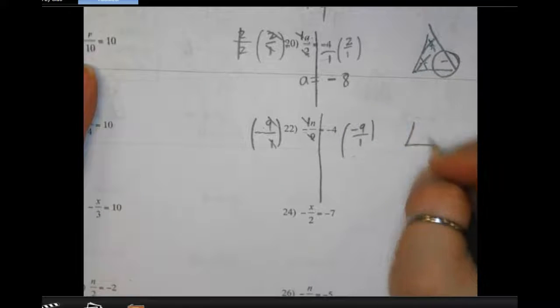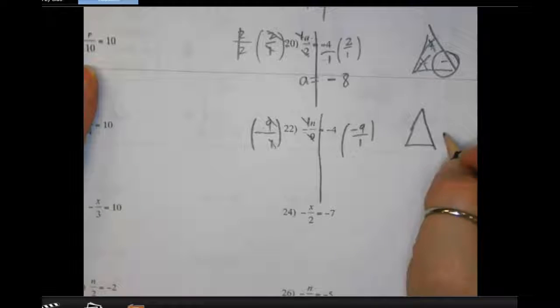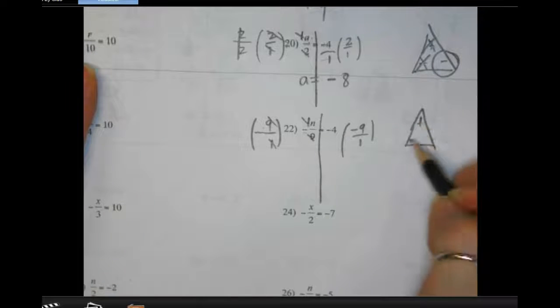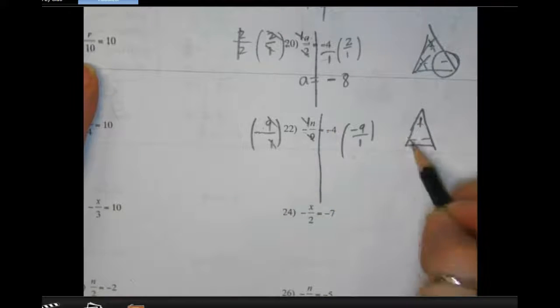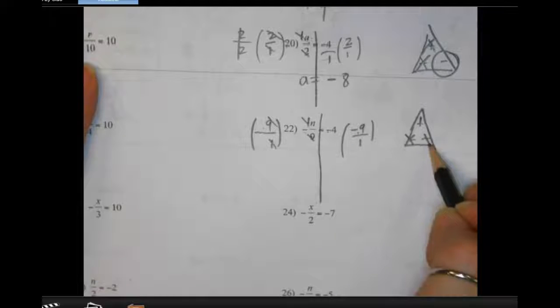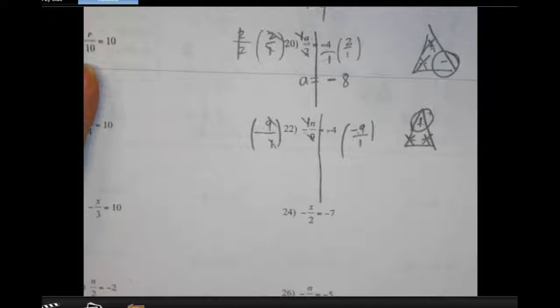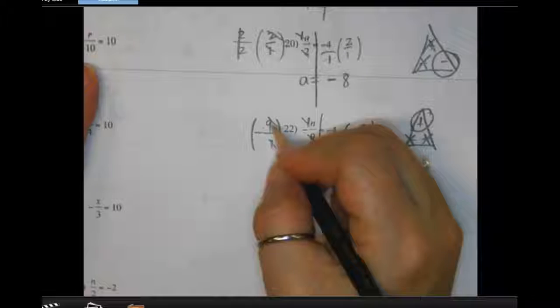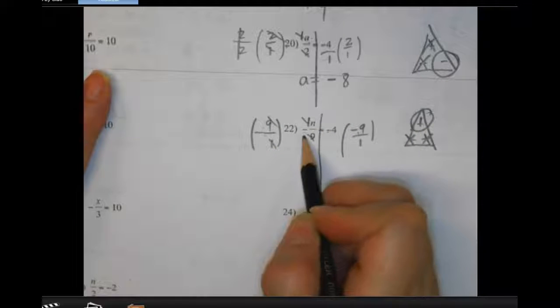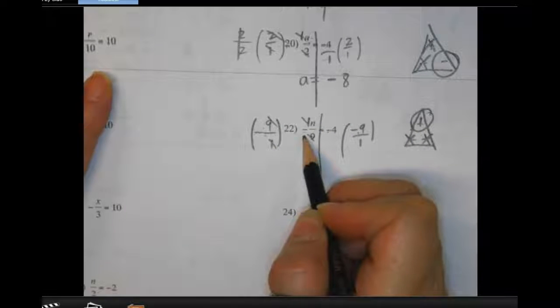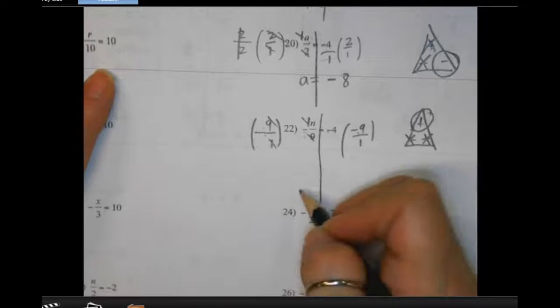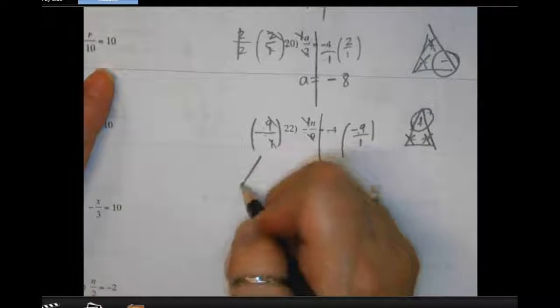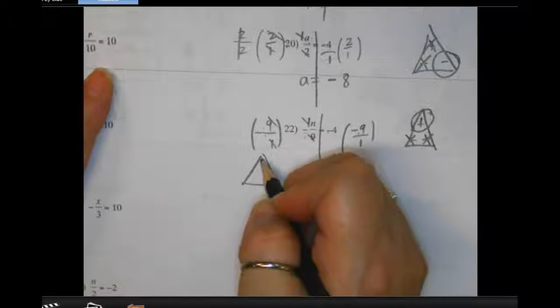So let's look at my triangle here. Okay. I have a negative times a negative. What's my answer going to be? Positive, right? So since I multiplied a negative times a negative on this side as well, I'm also going to have a positive answer.